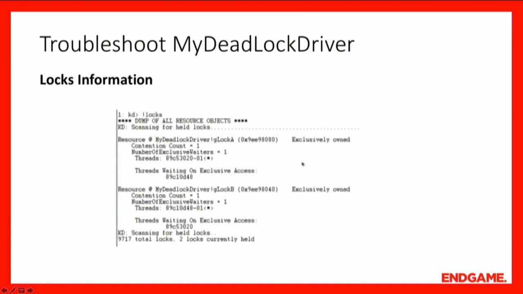The next step is getting lock information. Here, I recommend using the command !locks. This command can help you get the lock information, like which lock is held by which thread. Again, I'm not sure if everyone can see it clearly. This information already indicated that lock A is acquired by my thread A, and lock B is already acquired by thread B, and each thread is waiting on the other lock.